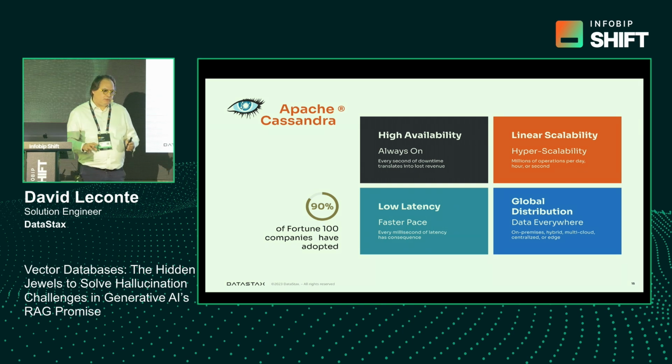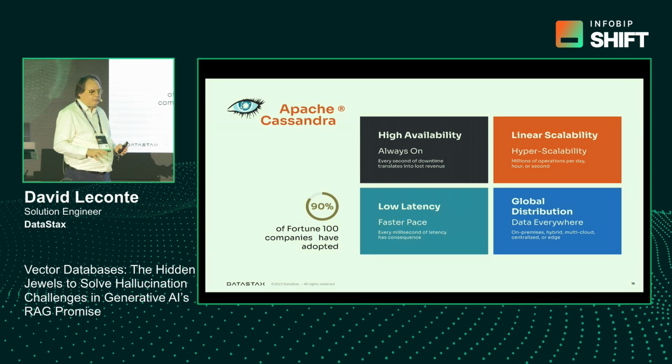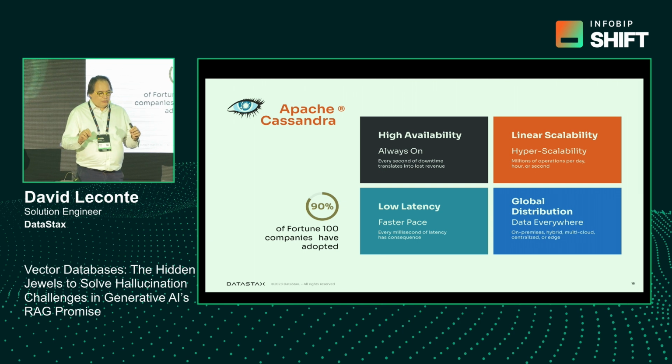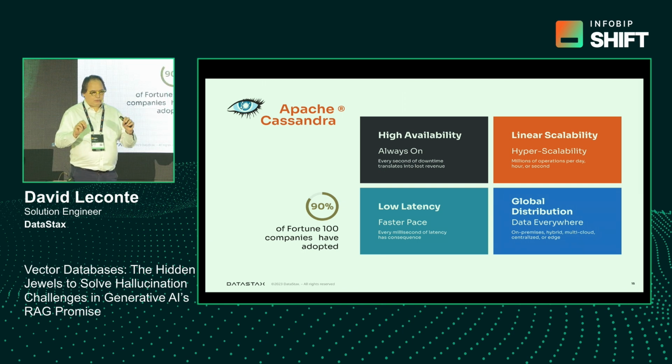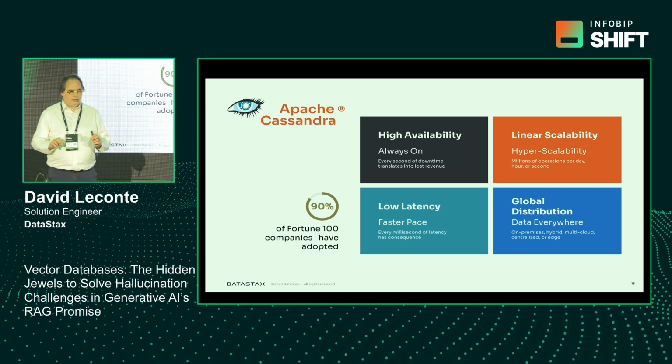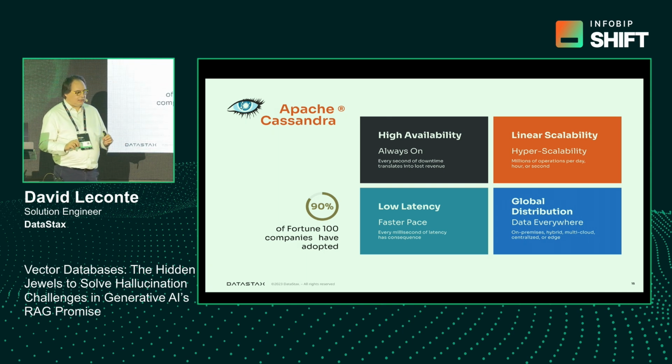But in reality, when you are dealing with Gen AI patterns and problematics, you're dealing with exactly the same core concepts that you deal with in NoSQL standards, meaning low latency, high data volume, always-on access to the data, and linear scalability.